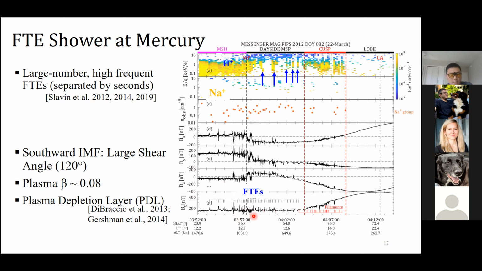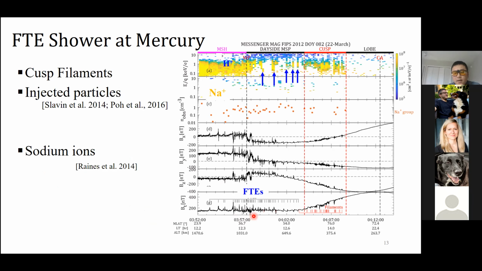Remember, at Mercury's orbit, the solar wind Alfvén Mach number is small. Therefore, the plasma depletion layer is a quite common phenomenon on the day side of Mercury's magnetopause.